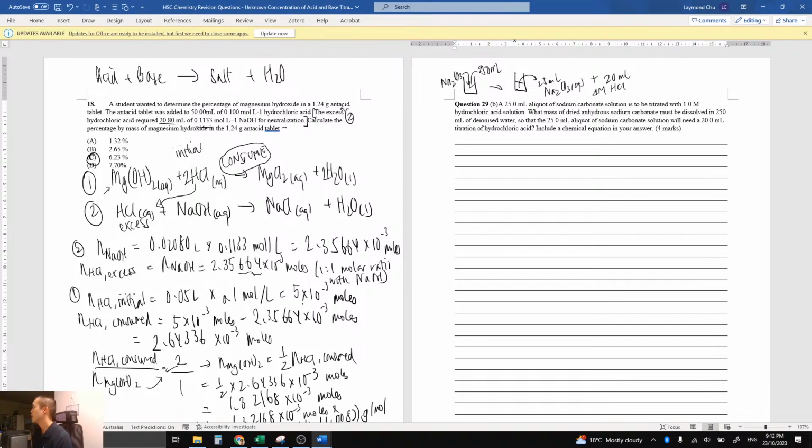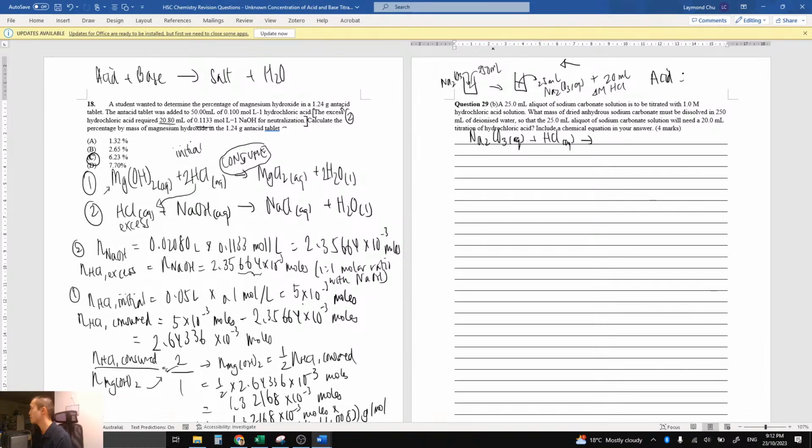So let's write a chemical reaction first, as the question has suggested. Because it's a solution, we're going to do this titration and then work backwards for dilution. So Na2CO3 plus HCl aqueous gives me... this one's slightly different.